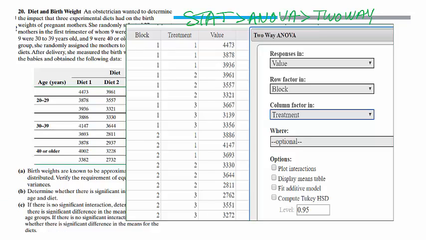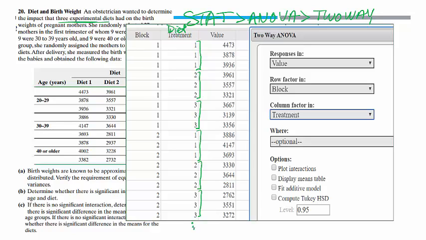If you read carefully about the experiment that was performed, they really want to know about the diet and its effect on birth weight. So the diet would be the treatment. Notice there were 3 diets: diet 1, diet 2, diet 3, diet 1, diet 2, diet 3, and so on. This is cut off a little bit.